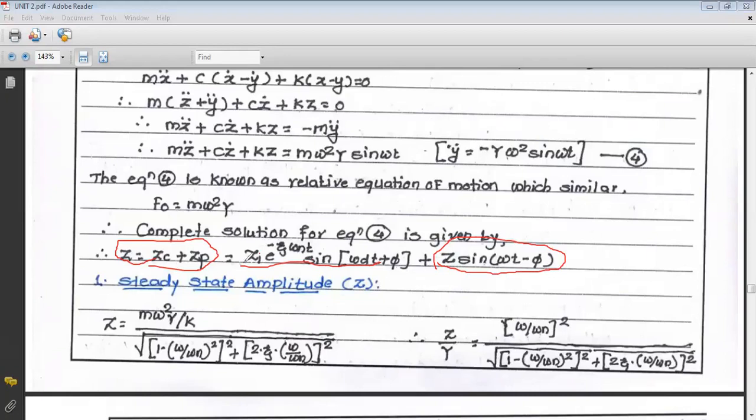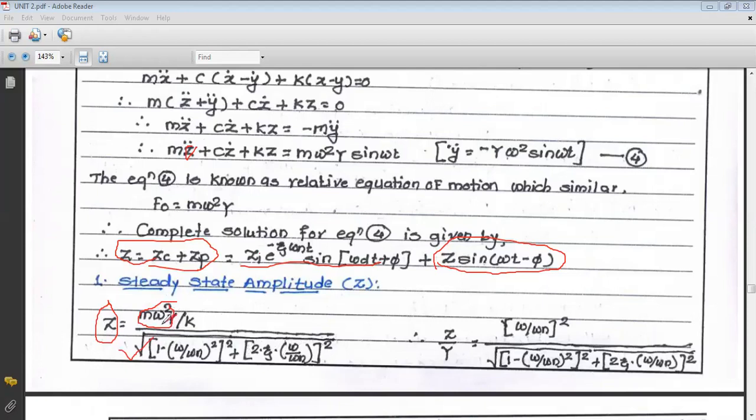Now we know the steady state amplitude in x, that is X equals f0 upon k. Now this equation is in terms of z, so we have to take the value of z. So Z is equal to f0, and what is the value of f0? m omega square Y. So m omega square Y upon k. The denominator is the same, that is square root of 1 minus omega upon omega n whole square, whole bracket square plus 2 zeta omega upon omega n whole bracket square.